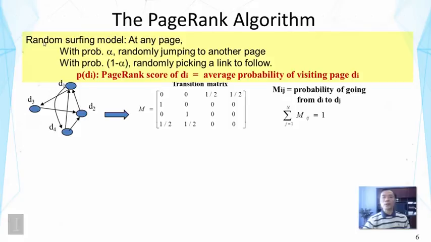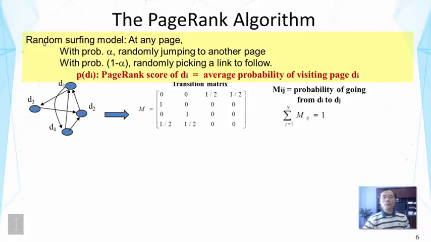In general, the element in this matrix M sub ij is the probability of going from Di to Dj. And obviously, for each row, the values should sum to 1, because the surfer would have to go to precisely one of these other pages. So this is the transition matrix.